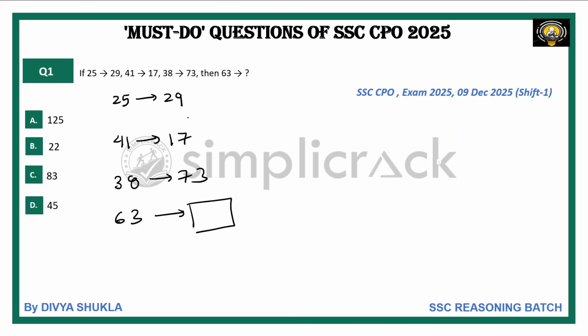Now understand, 25 is related to 29, and 29 is very close to 5 square. 17 is close to 4 square, and 73 is close to 8 square.